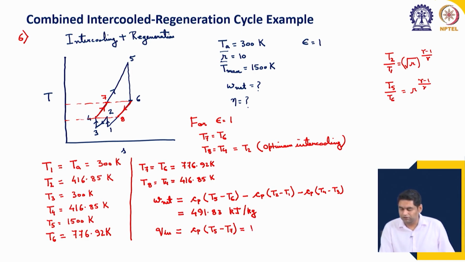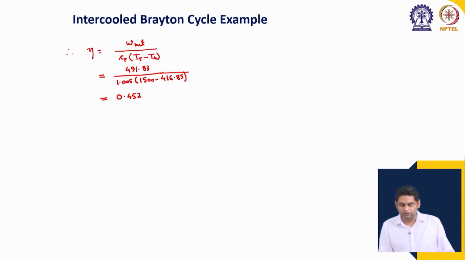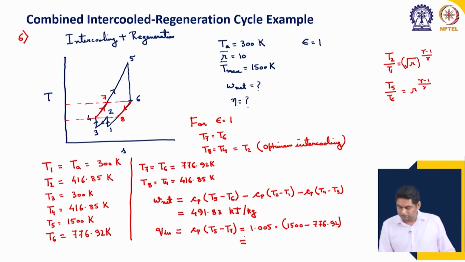So, 1.005 into 1500 minus 776.92. Now you get the value of the heat addition, which is different from the previous problem. This is equal to 726.695 kilojoule per kg.